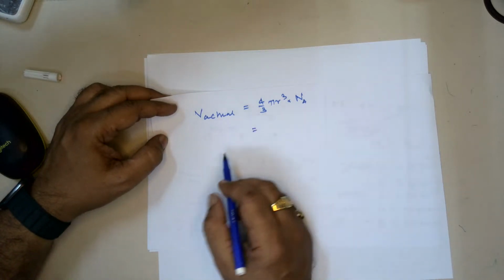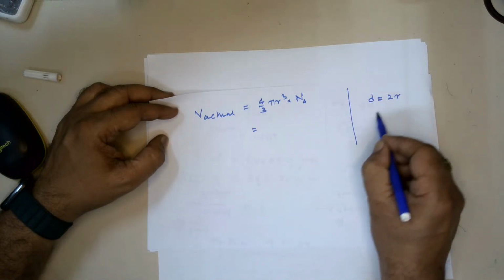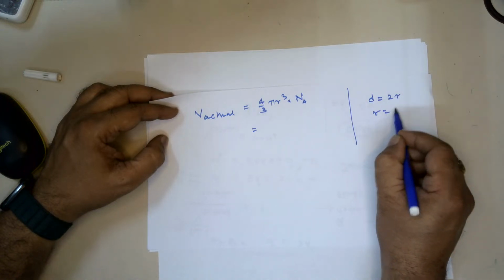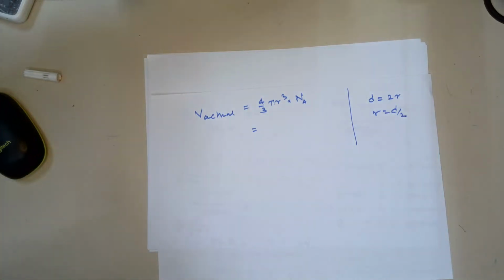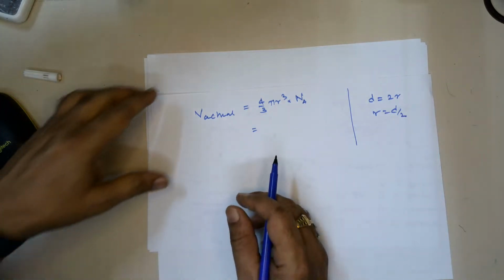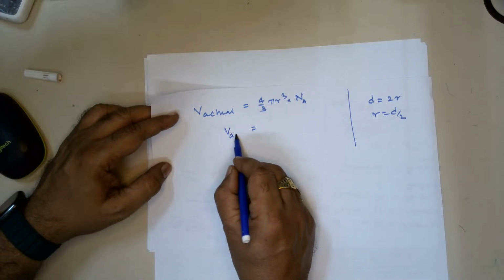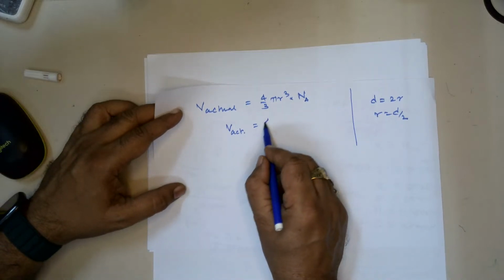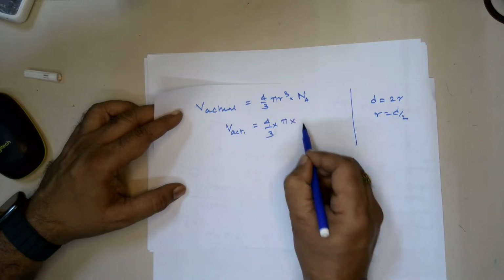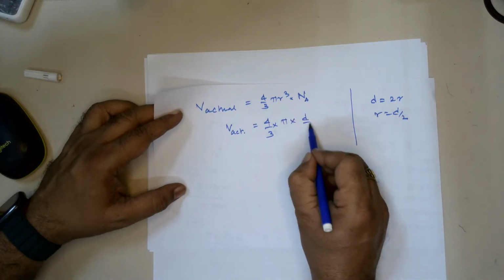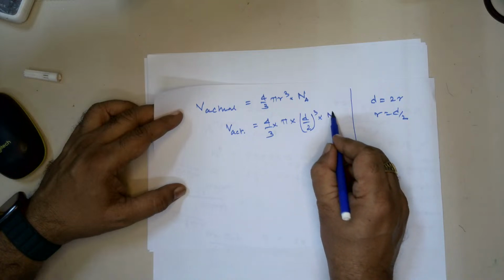So, you know, diameter is 2r. Therefore, r is equal to d by 2. Are you able to follow? So you have to substitute accordingly. So let us calculate the actual volume: 4 by 3 pi into d by 2 whole cube into Avogadro's number.